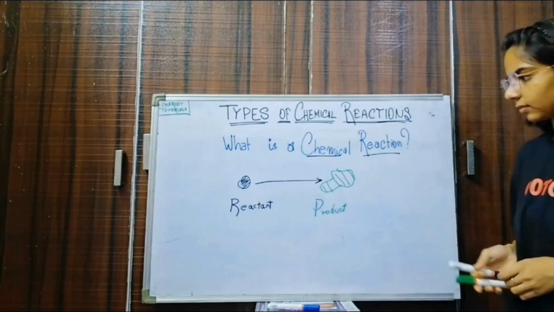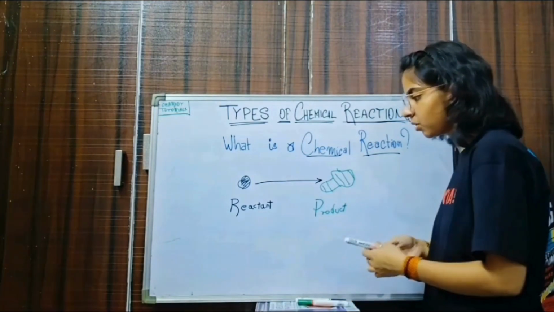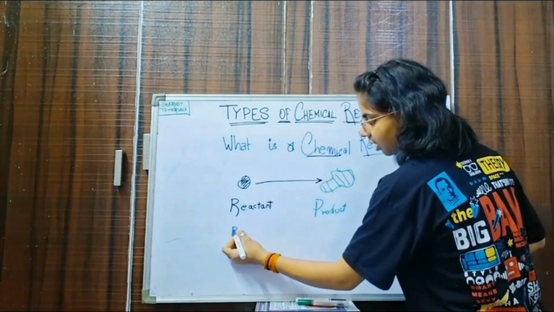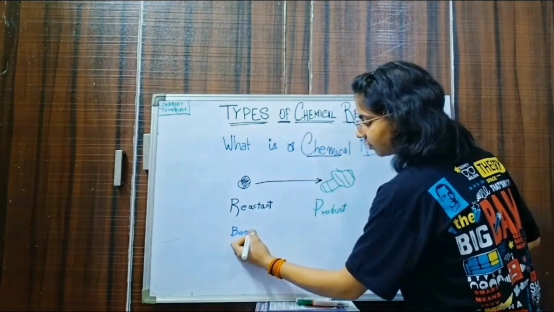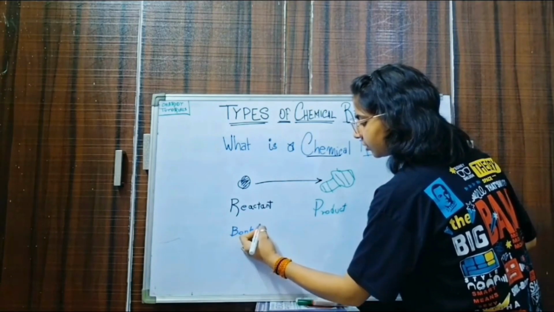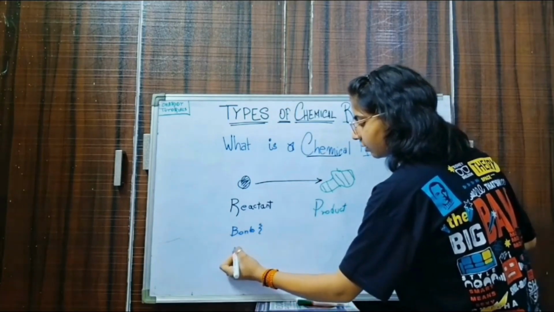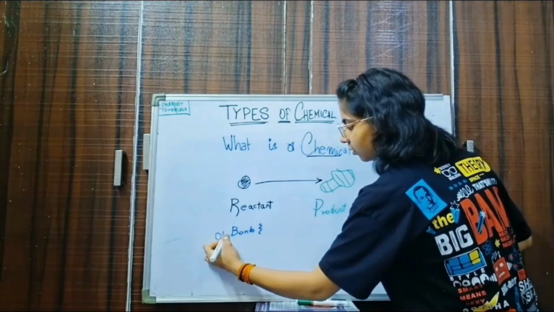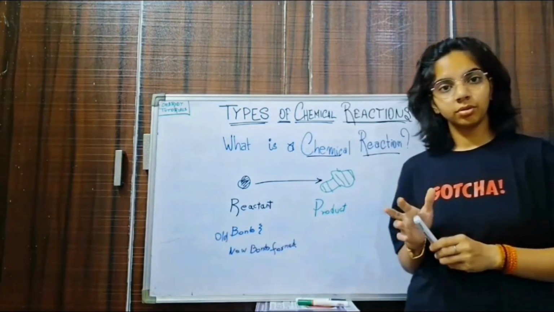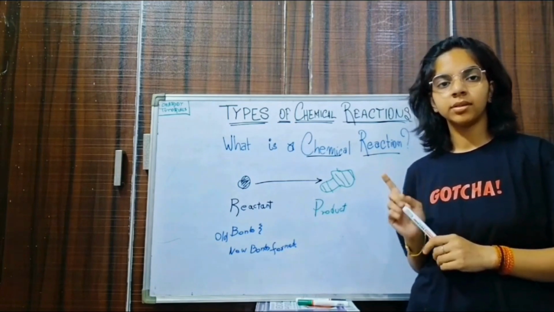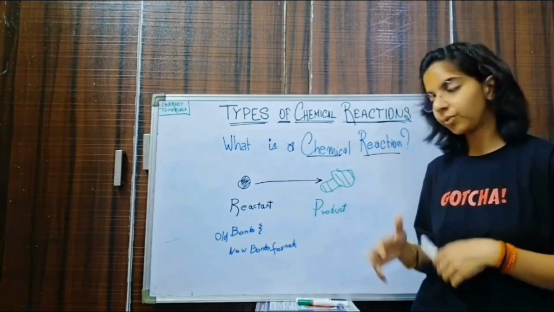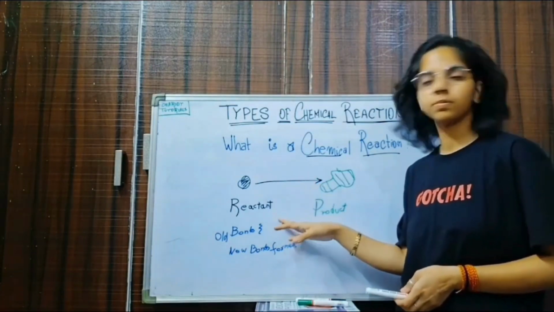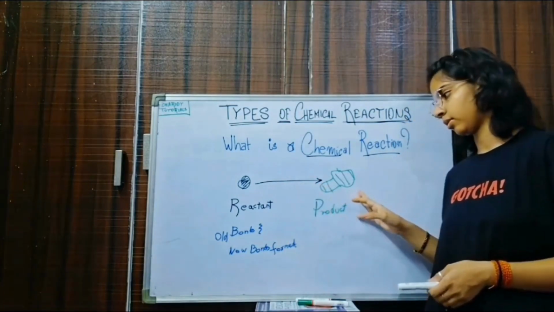Now reactant के bonds break होते हैं. Alright, old bonds are broken, and new bonds are also formed. But one most important thing that you have to remember is that no new or outer atom or molecule is going to come to form a new product.